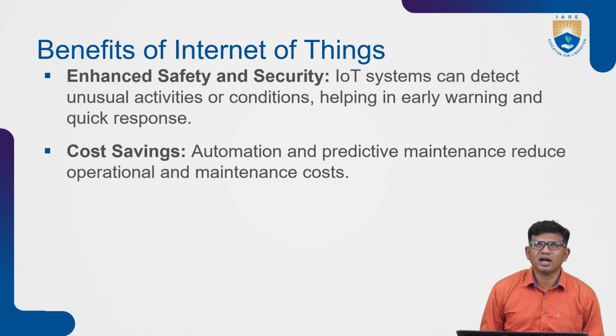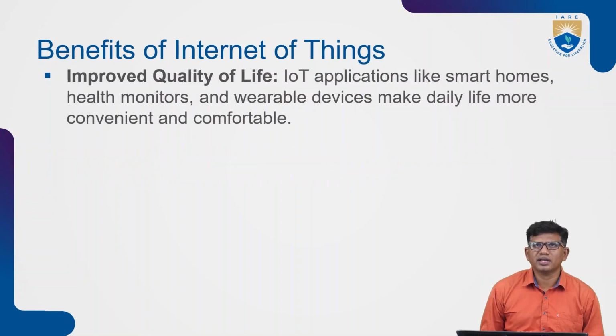The cost saving. Automation and predictive maintenance reduce the operational and maintenance cost. Improved quality of life. IoT applications like smart homes, health monitors, and wearable devices make daily life more convenient and comfortable.